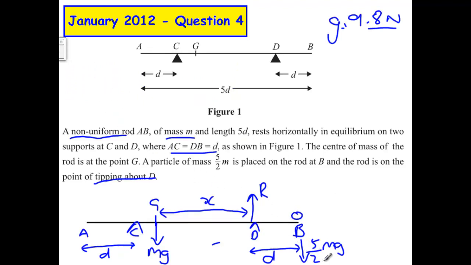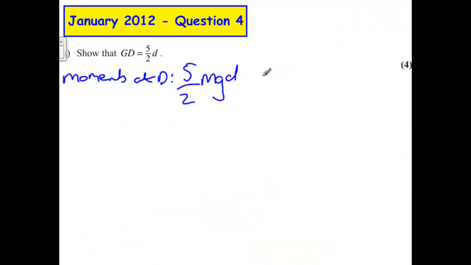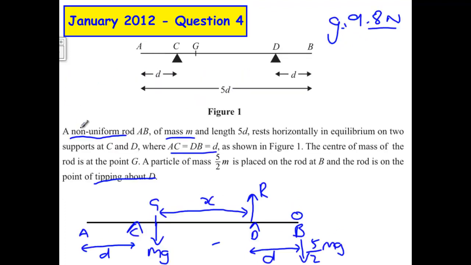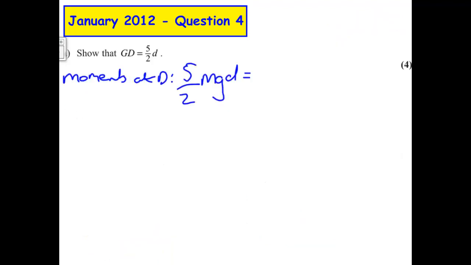Now that's the moment acting in a clockwise direction, I'm going to set this equal to the moment acting in anti-clockwise direction. And that's going to be coming from the weight of the rod mg acting at a distance x from the point D. So this will contribute a moment of weight mg times the distance x.